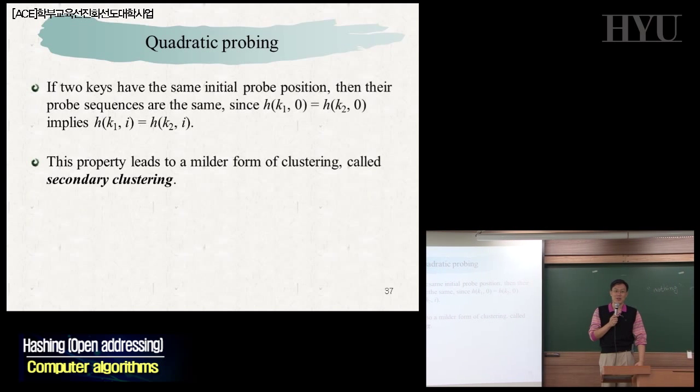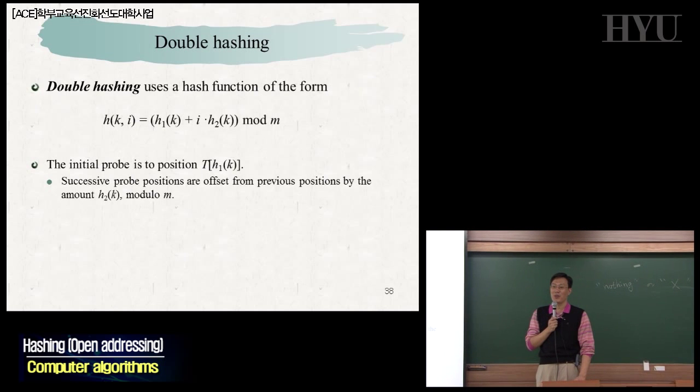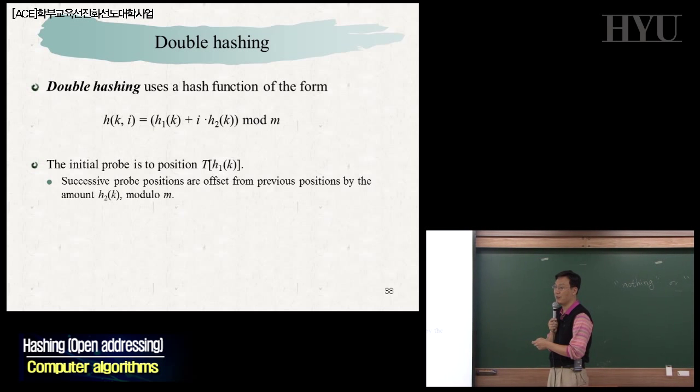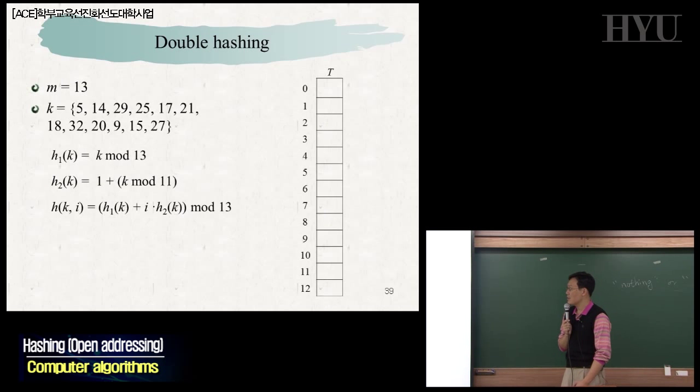Then how can we solve this? It's simple. We use two hash functions, double hashing. This is the initial hash function, and this is the second hash function. This second hash function differs from the initial hash function. Let's see.